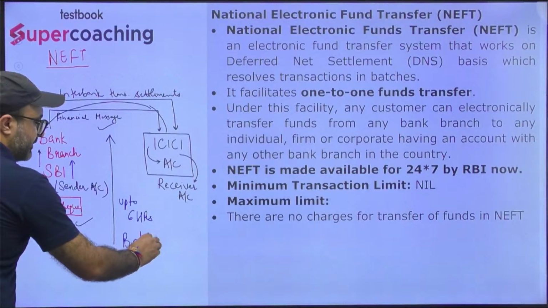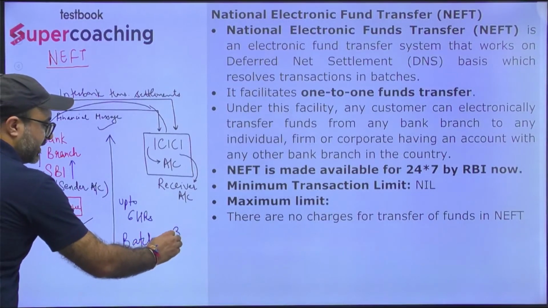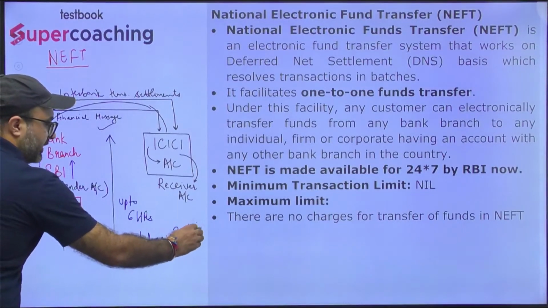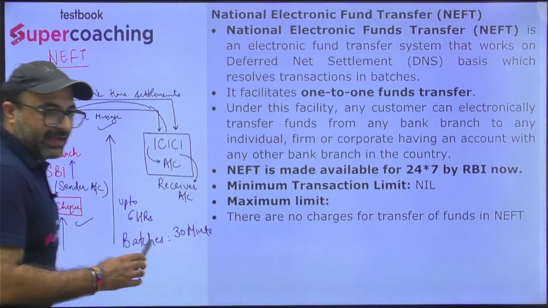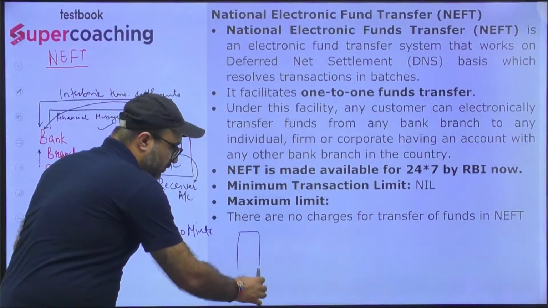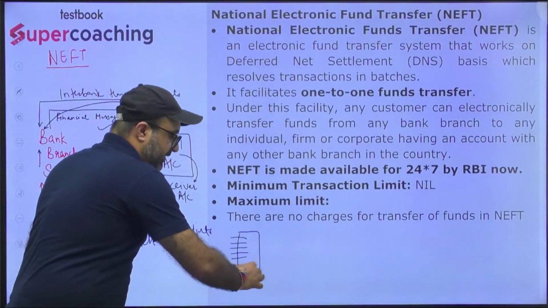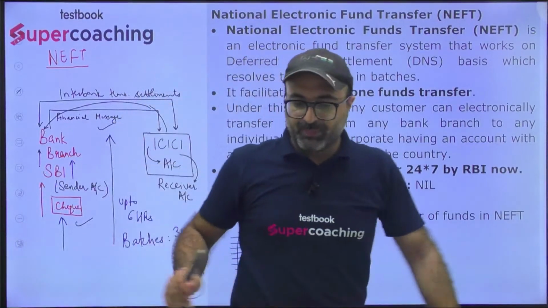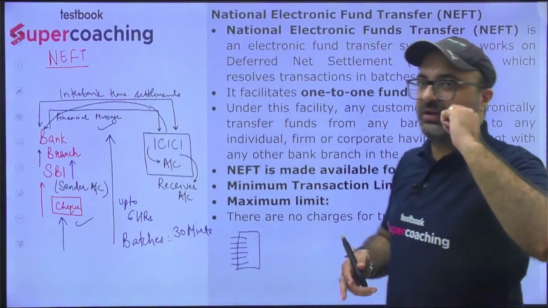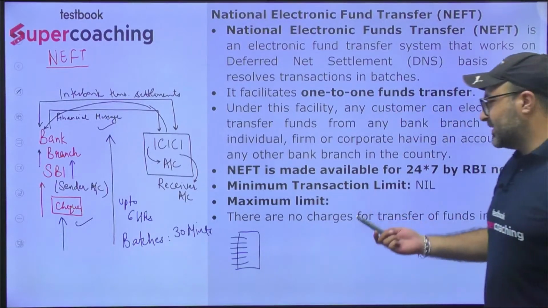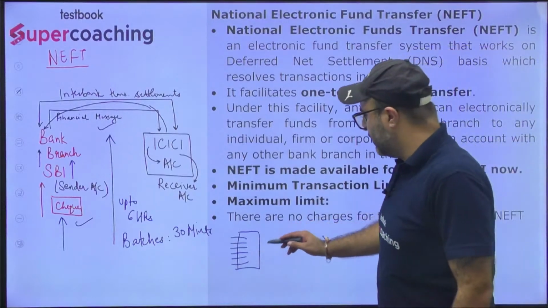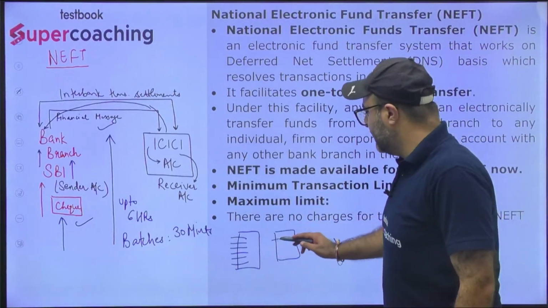For, let's say, the duration of a batch is 30 minutes. So in 30 minutes, all the NEFT requests which the bank is going to receive, the bank will put them into a queue, first come first serve, and after 30 minutes, the moment the window is open, the bank will be initiating the process of transfer. Bank will be initiating the process of financial messages, settlement and all. If all the settlements are done, it's fine. If any settlement is not done, then it will be carried to the next batch.